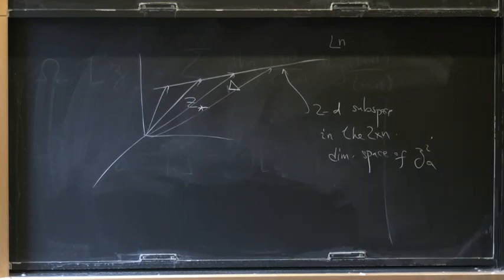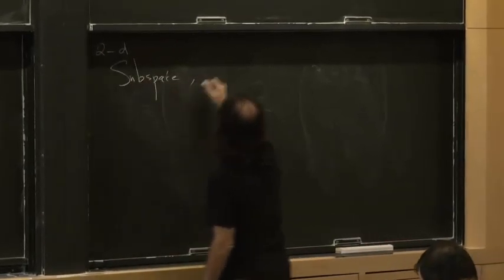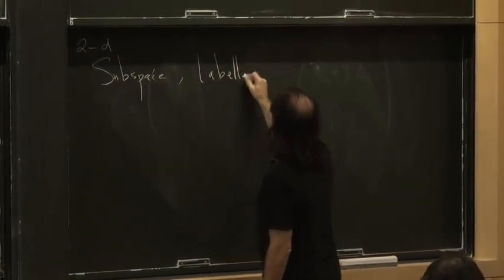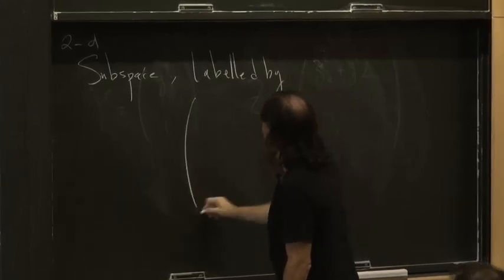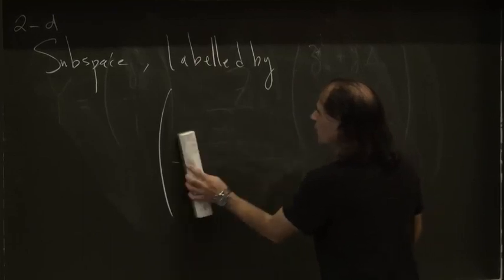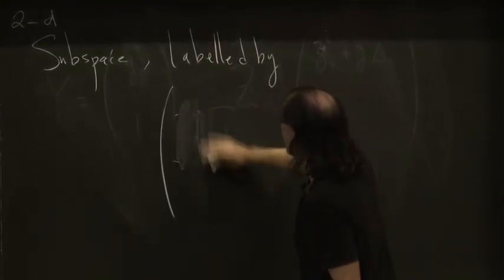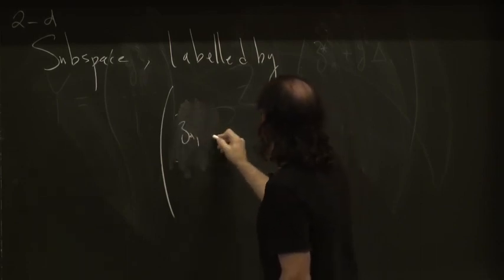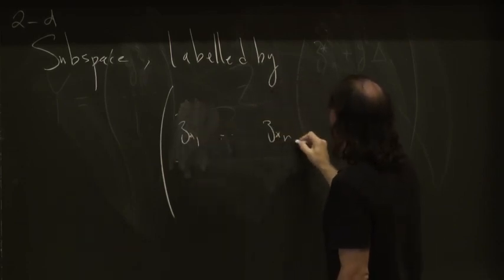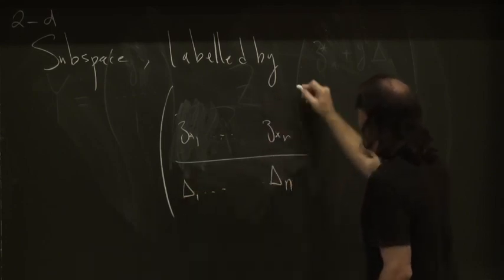So I can label this subspace in a lot of different ways. What is the data that labels the subspace? This 2D subspace is labeled by giving me first the starting point, z star. So I can stack that into a 2 by n matrix: little z star 1 through little z star n, and these deltas, delta 1 through delta n.